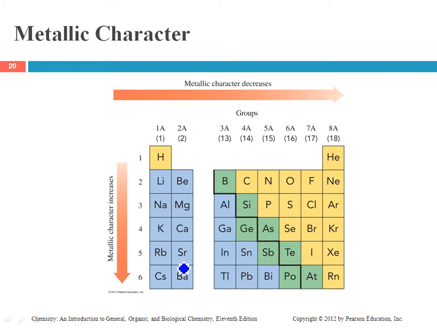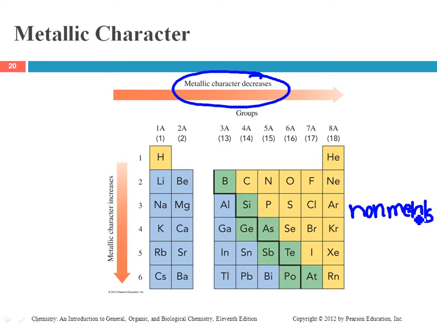So this should make sense. If we move from left to right, we're going to decrease metallic character, right? Because we're moving towards our nonmetals. So our more metallic character is going to be over here with our metals. And then metallic character is also going to increase as we go down.